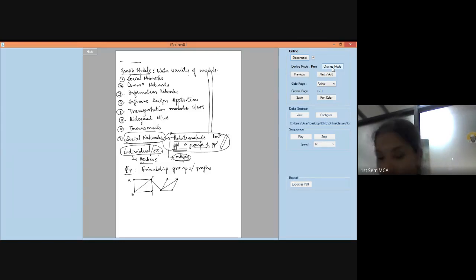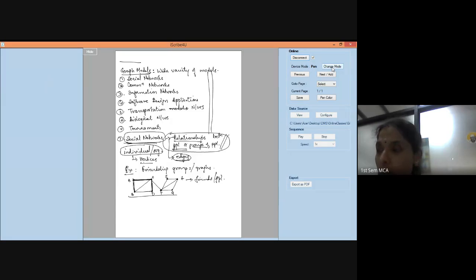Each of these vertices, I am naming it as A, B, C, D, E, F, G, H. They are all friends or people. If A is a friend to B, then I put an edge from A to B. If A is a friend of C or A is known to C, how acquainted are you? Acquaintance graph also we can call it, or you can call it a friendship graph. If A is a friend of C or C is a friend of A, then I put an edge between A and C. If C is a friend of D, then I show it with respect to C and D. This is how I represent a friendship graph, which we are showing as an example for social networks.